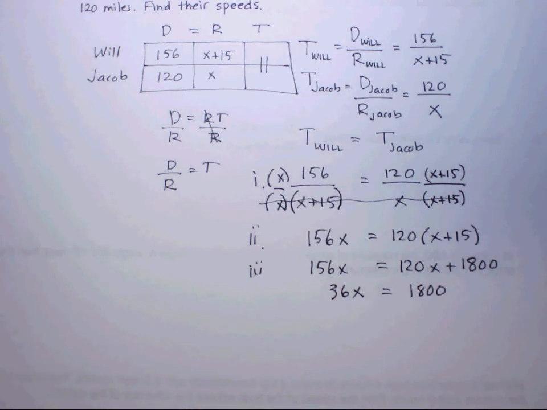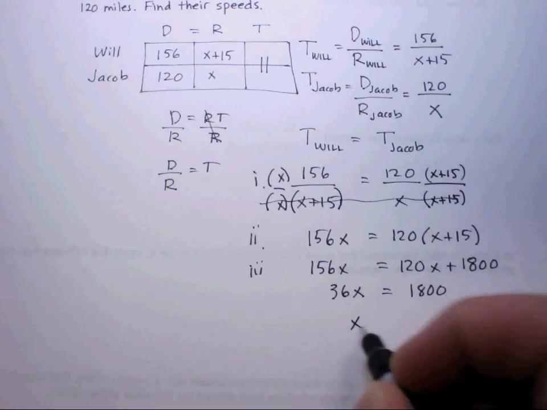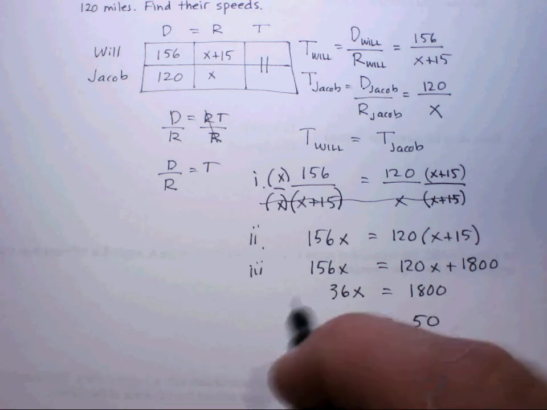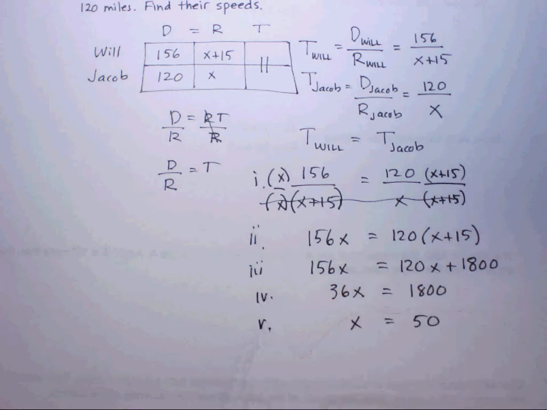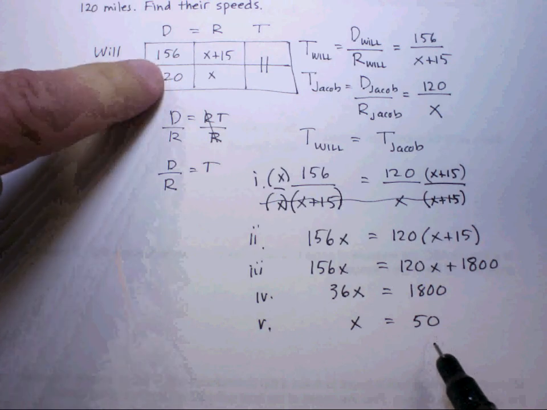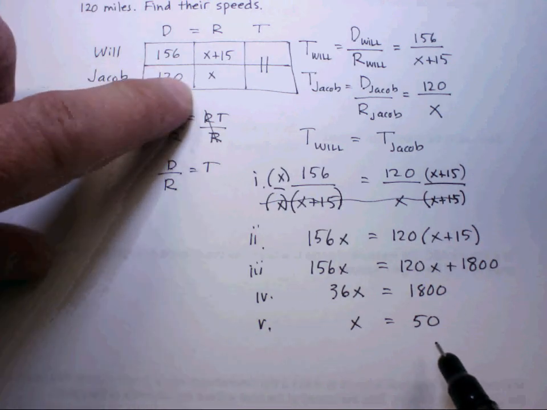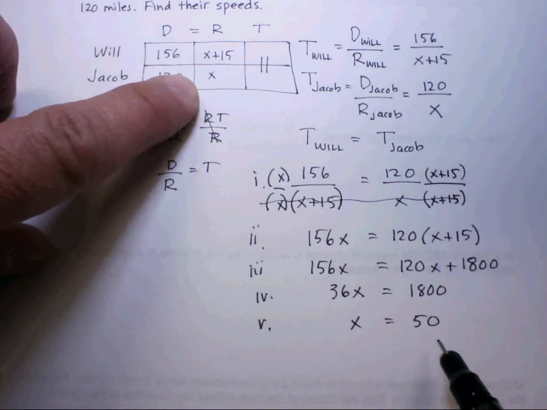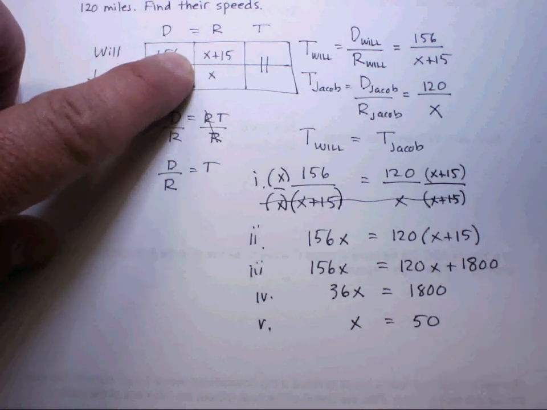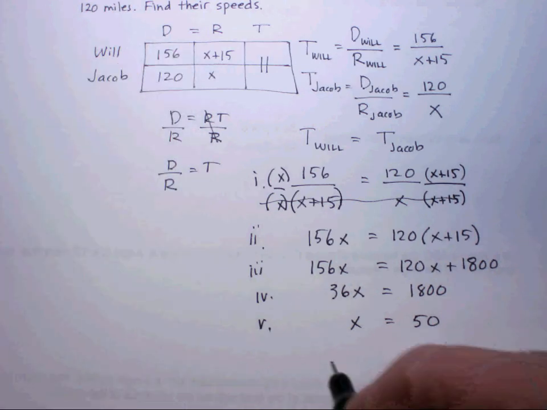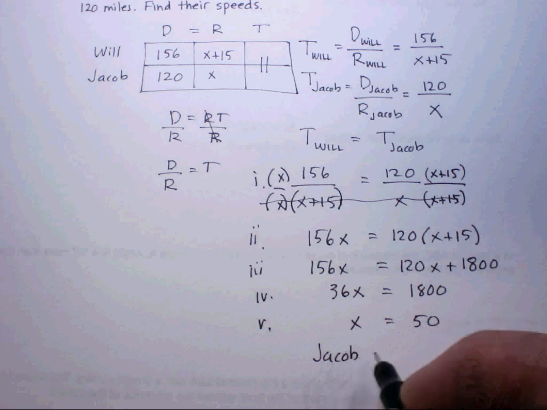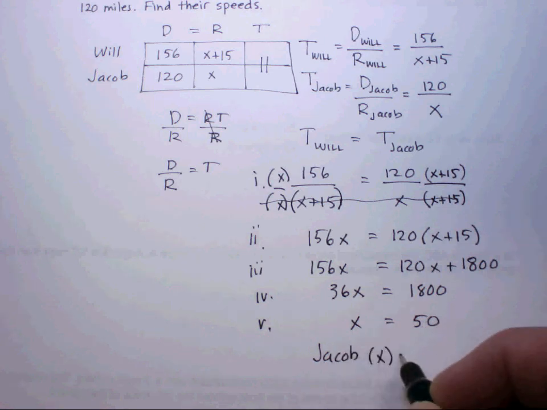Go ahead and subtract that, and I will get 36x is equal to 1,800. Let me get my calculator out and divide 1,800 by 36. And I get x is equal to 50.